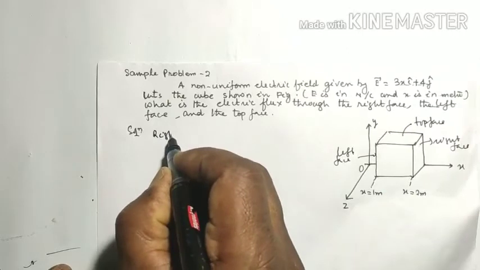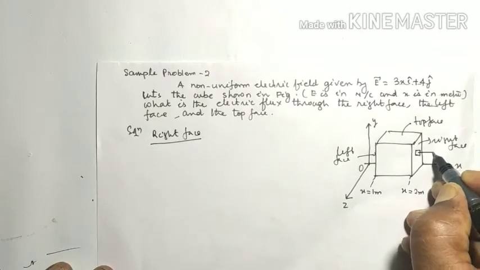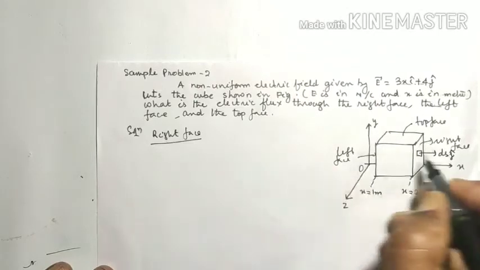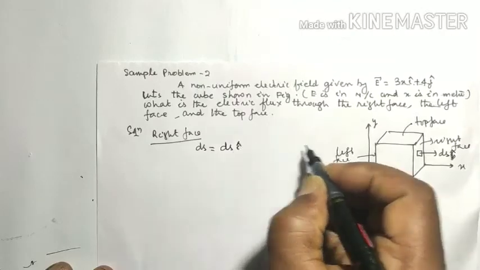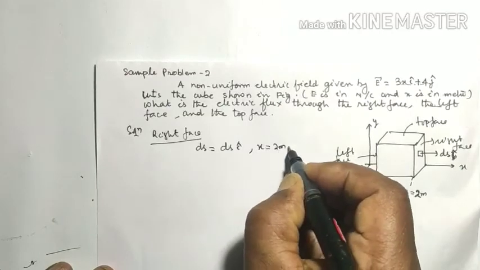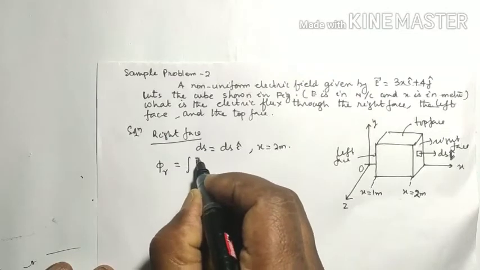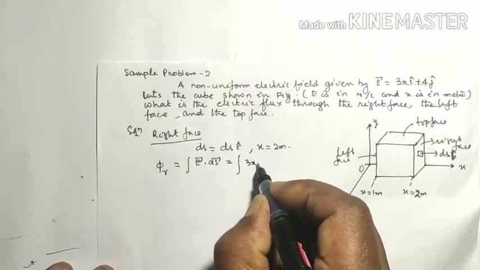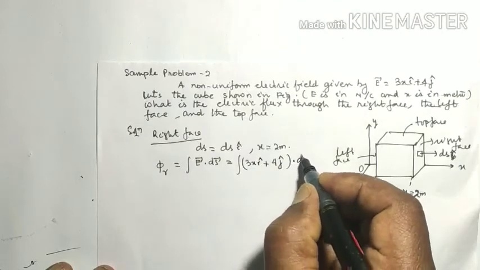So flux on right face. On right face, ds vector is along x-axis. So ds vector is ds i cap, and position is here x equal to 2 meter. So flux on right face phi r, that is equal to integral of E dot ds equal to, E is given 3x i cap plus 4 j cap dot ds i cap.